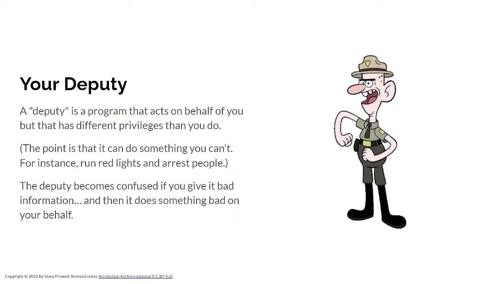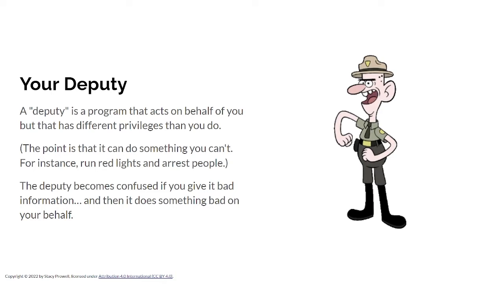But seriously, a deputy is a program that acts on your behalf, but which may have different privileges than you do. It may be able to do things on your behalf, and it may in fact be able to do things that you yourself couldn't do. And so, for example, a deputy might be allowed to run red lights and arrest people, and you can't do that.